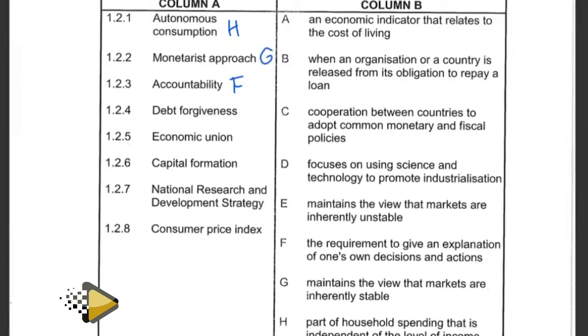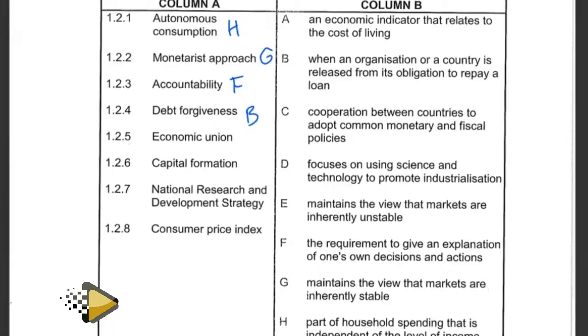So now, if we check, the appropriate answer for 1.2.4 is going to be B. When an organization or a country is released from its obligation to repay a loan, that is going to be debt forgiveness. So this country is being forgiven in terms of what? In terms of paying its obligations. So it means that this is going to be a bad debt because it is actually going to be written off before being settled. Okay, right, grade 12s.